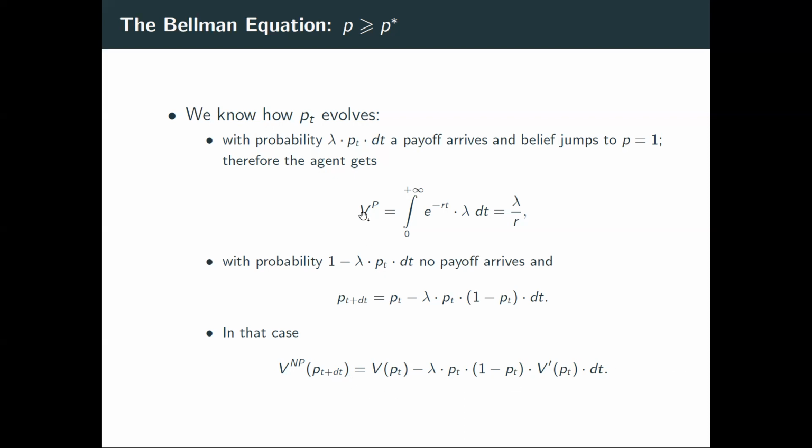So here we just specify two possibilities for how your state variable pt evolves. With this probability, it evolves to p equal to 1, and your value function will be like that. And with probability 1 minus this, your state variable evolves like that, and your value function will be like that.